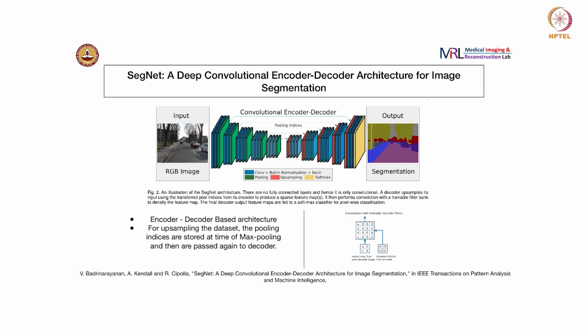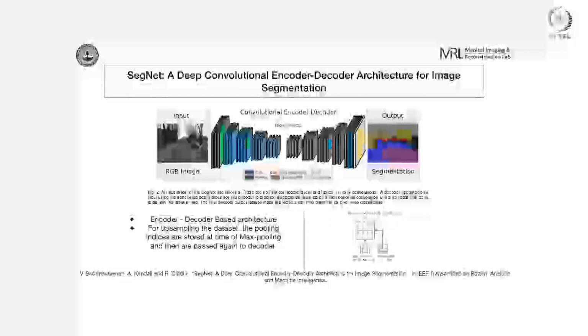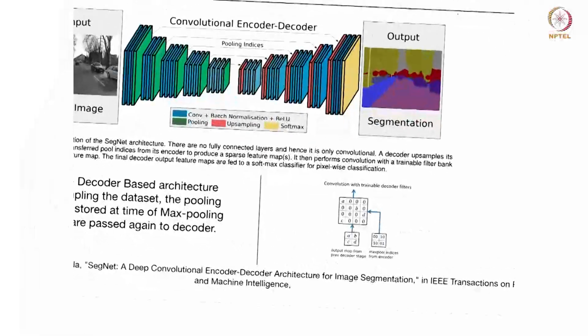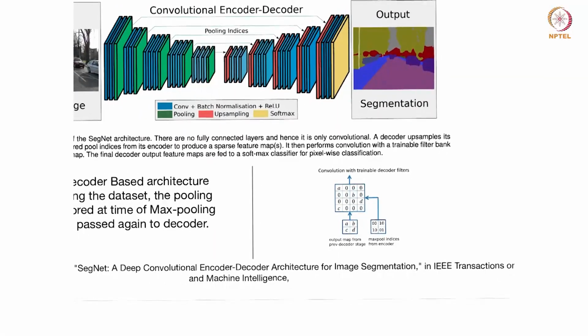Let's say, for instance, here it is. I'll just zoom in. If you look at this particular output, this is the decoder side output. On the decoder side, the first feature map we get is ABCD. Now you want to map to a slightly higher size.